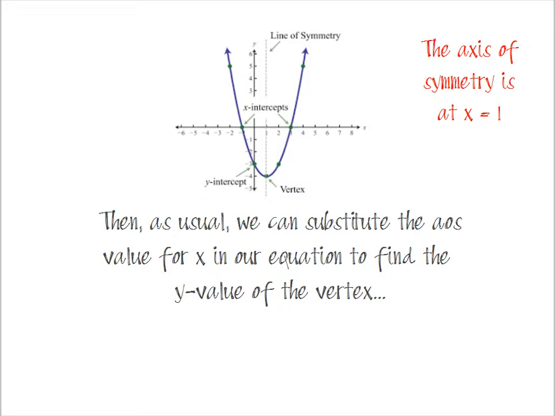So then we're going to treat this equation like we would if we had an equation in standard form. We're going to substitute that axis of symmetry value for x in our equation to help us find the y value of our vertex. We're going to take care of that in our example. We're not going to do it here because we don't know what the formula is for this graph.